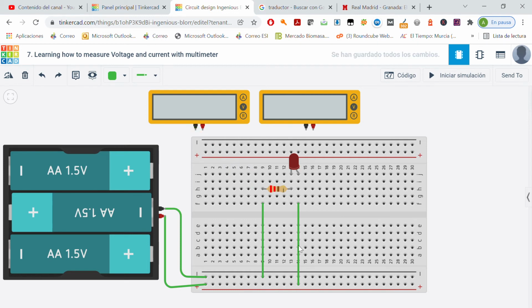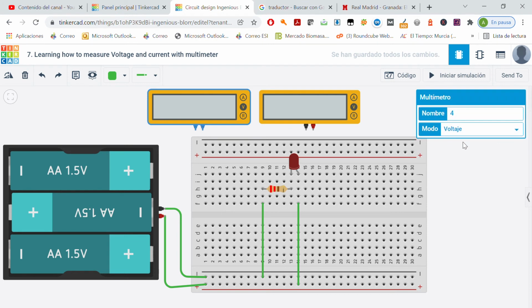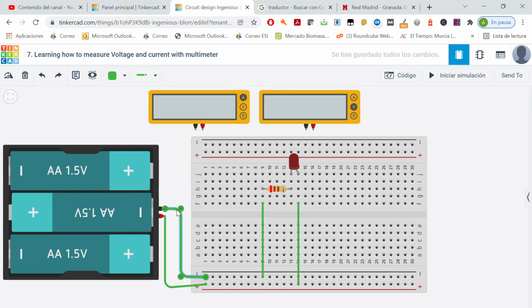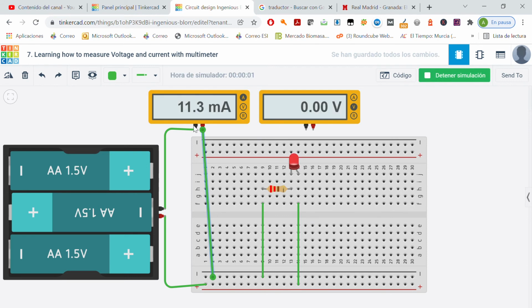The two components are in series, so let's change the multimeter to amperes, and this negative part of the multimeter we are going to connect here so we can continue the series, and to the negative part. If we start the simulation, 11.3 milliamperes.